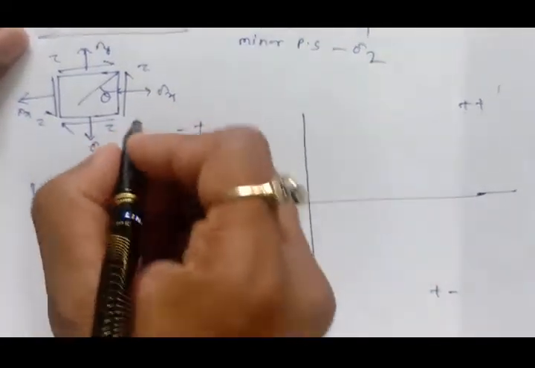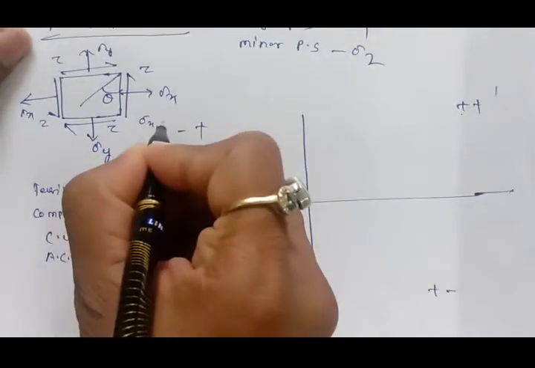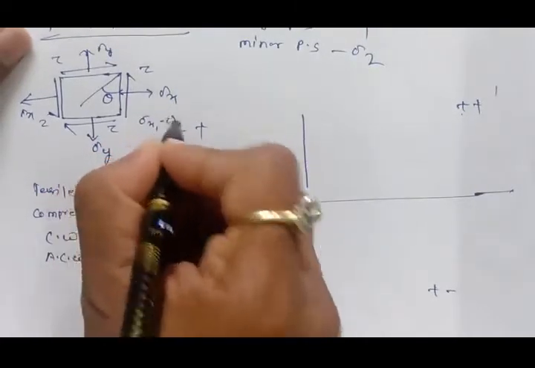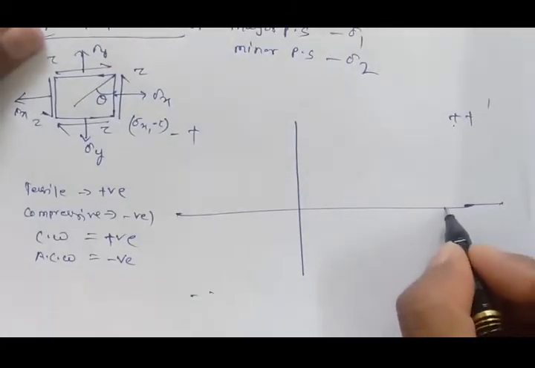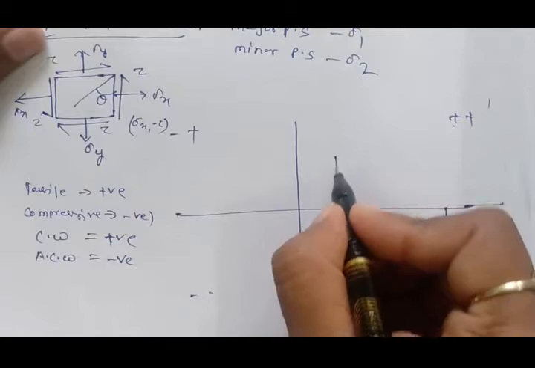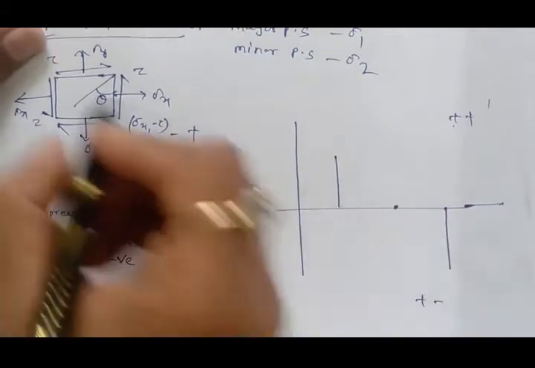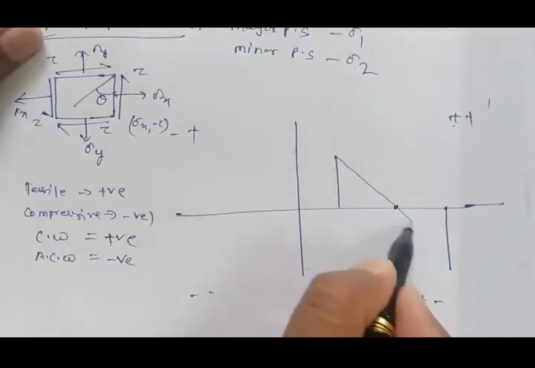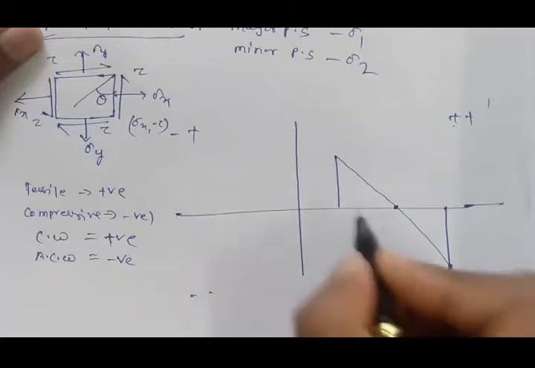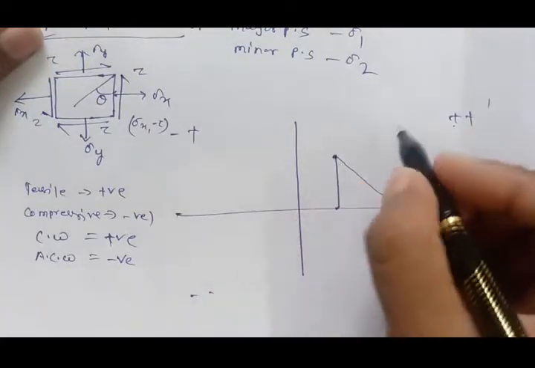So the coordinate system for this is sigma x positive, tau negative, so we can draw like this. Already we have drawn in the previous lecture. Similarly, I can draw this tau everywhere, the tau value is same, so the magnitude is same, meaning the length will be the same. So this was the construction.